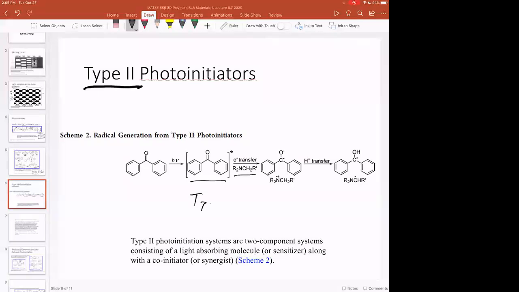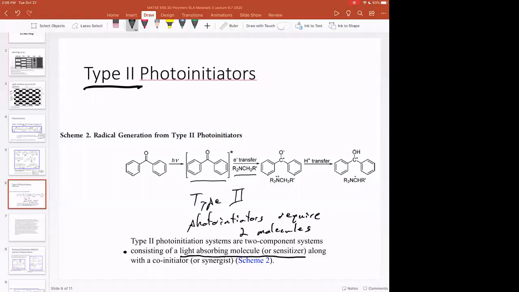So type 2 require 2 molecules. Just what this says from the paper right here. So you have a 2-component system where you have a light absorbing molecule or sensitizer. So this thing is the sensitizer.